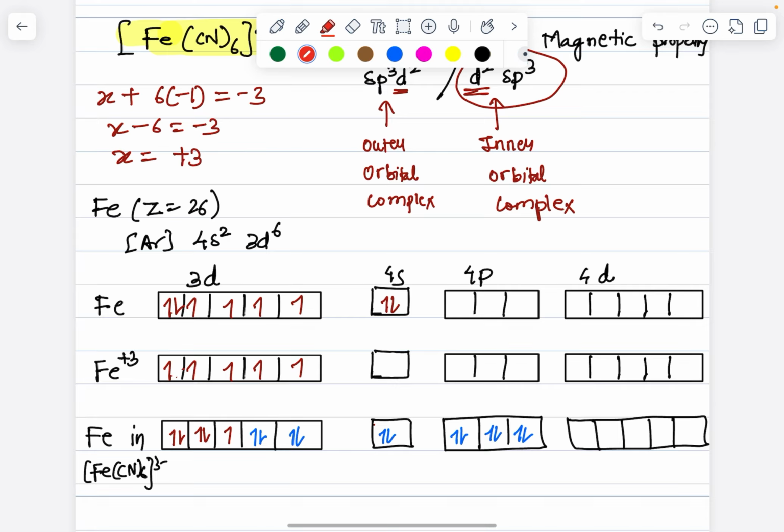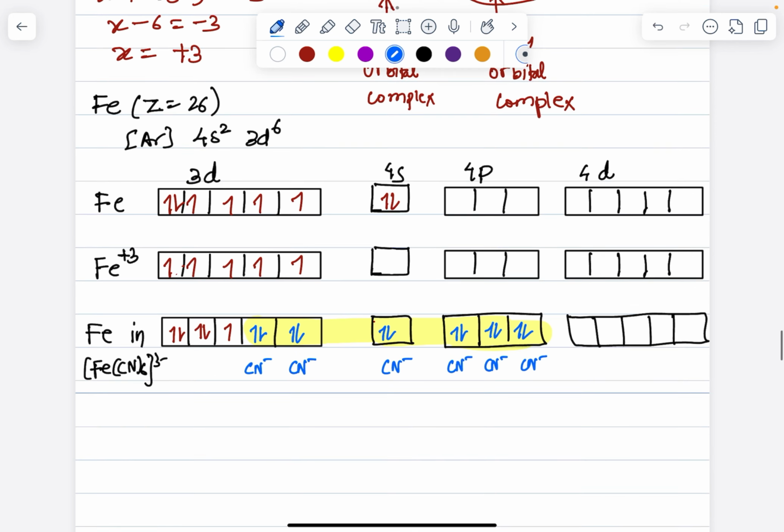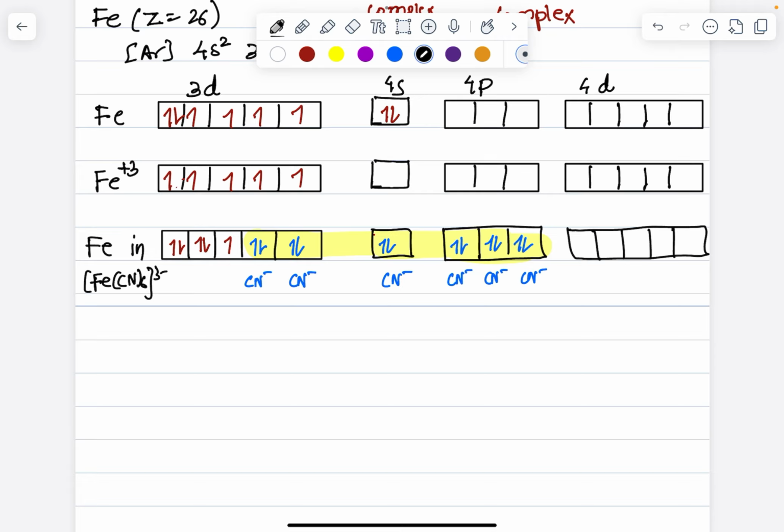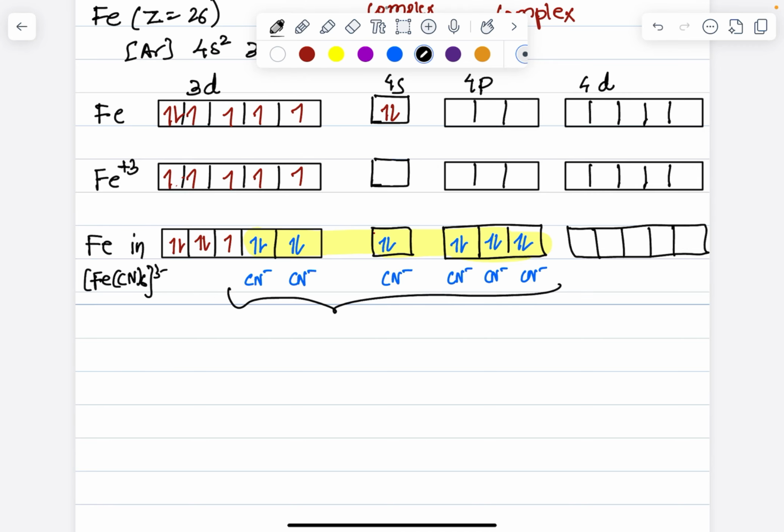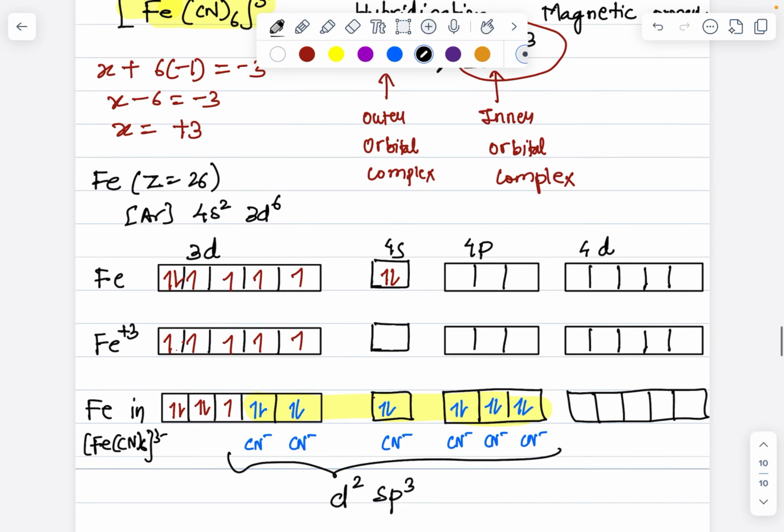So what is this configuration? This configuration is d2sp3. Why? You see over here the hybridization, CN minus, CN minus, CN minus, CN minus. This hybridization will be d2sp3, and it should be d2sp3 because it is mentioned in the question that it is an inner orbital complex.